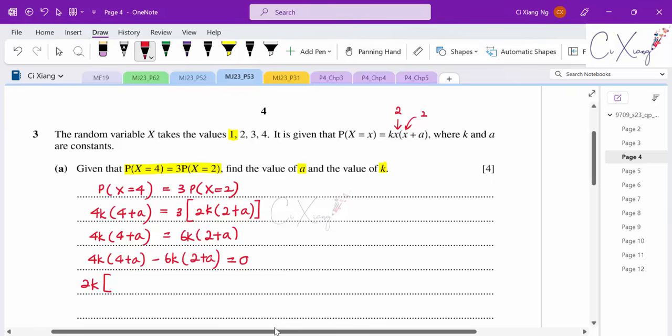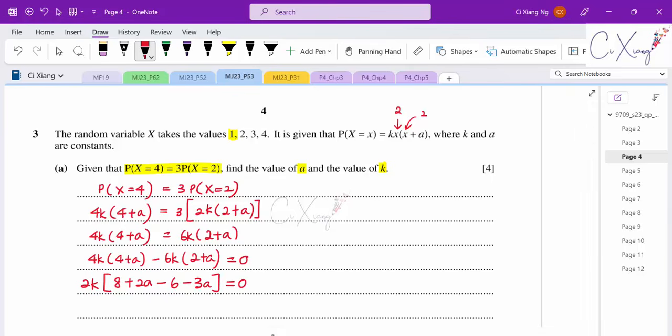If I factorize the 2k, this one I still have a 2. So 2 times 4, you get 8, then plus 2a. This one, if I factorize out the 2k, I still have negative 3. So negative 3 times 2, I'm having negative 6. Then negative 3 times a, I'm having negative 3a. And then it equals 0.